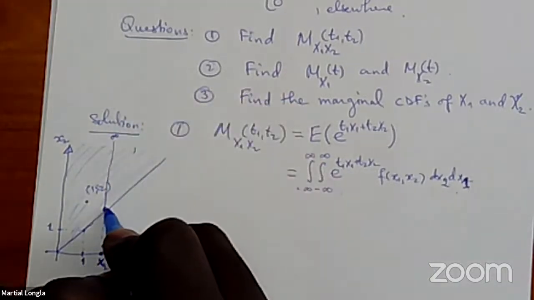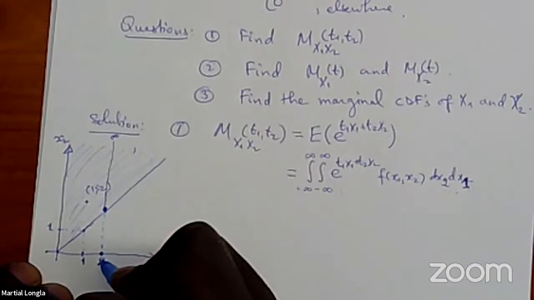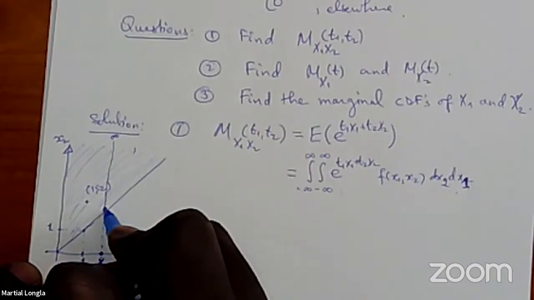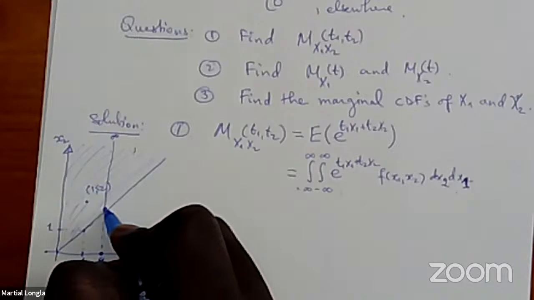Where does it stop here? For the fixed value of x1, where does this thing stop? On this line, what is x2? What's the value of x2 then? x1.